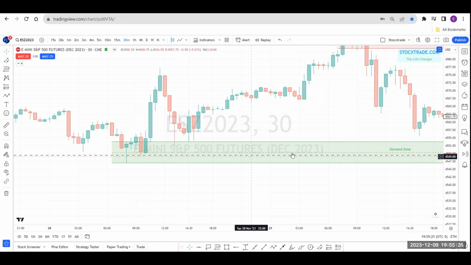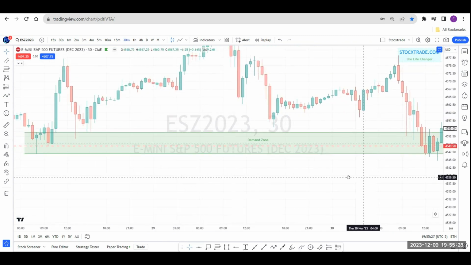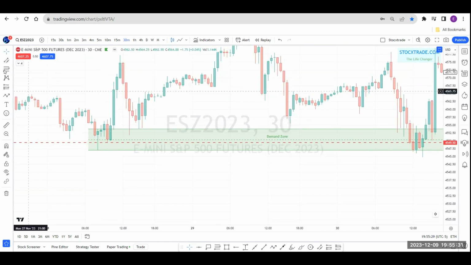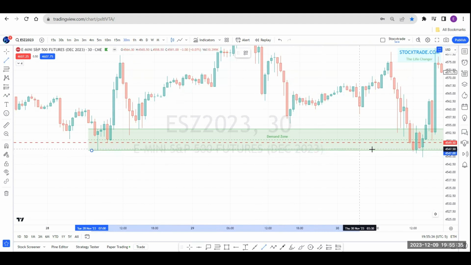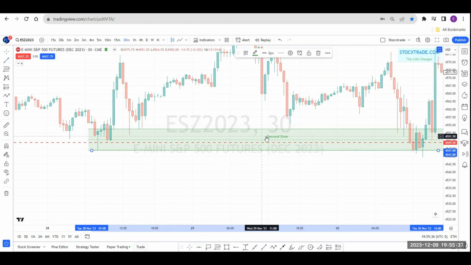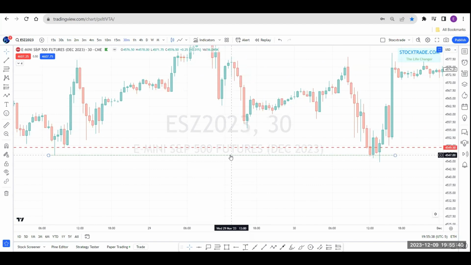Now, if the market comes back again, this low was the low. I'm removing the demand zone.